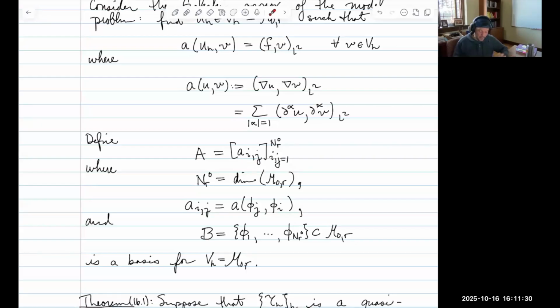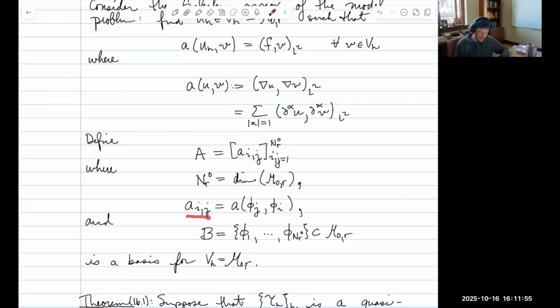So the component in the ith row and the jth column is what we call a_ij. Of course, this number is just the dimension of our finite element space. It's finite dimensional. That's the piecewise polynomial space of degree r. So we talked about what the dimensions of those spaces are at least in 2D and 1D.